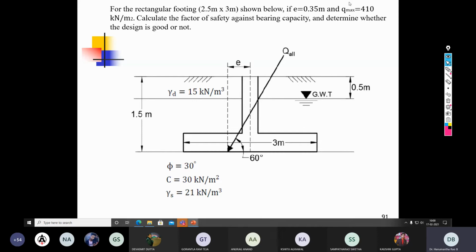Sir, how will this kind of load occur? How is it possible? At least it is a point load. At least the footing location itself is right here. It's not this kind. Okay, the original picture of this one is something like this.